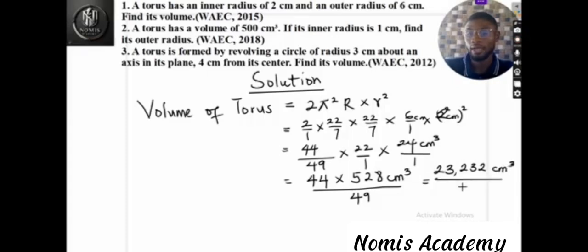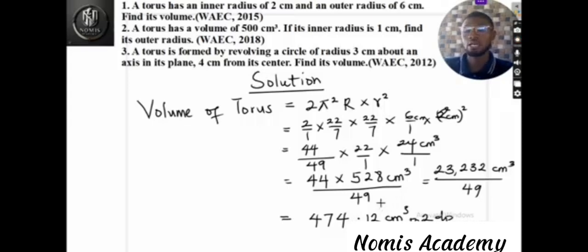So divide by 49. So the volume of the torus would be 474.12 centimeter cube to 2 decimal places. So this is the volume of the torus, whose inner radius is 2 centimeters and outer radius is 6 centimeters. So we just find the volume.